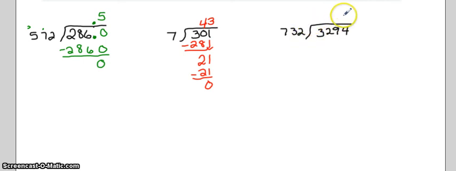So I'm going to say that 732 times 4 is going to give me an answer close to 3,294. And probably I'm going to have to add a decimal and a 0 to finish this problem, but it's definitely going to go in there 4 times. So 4 times 2 is 8. Okay, and then 4 times 3 is 12, so we'll put the 2 next to it, carry the 1.